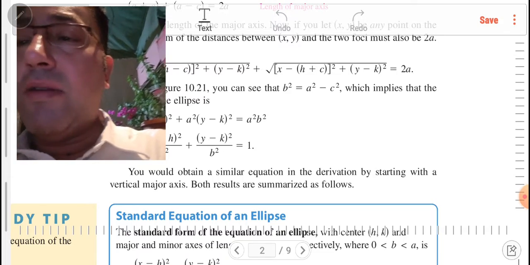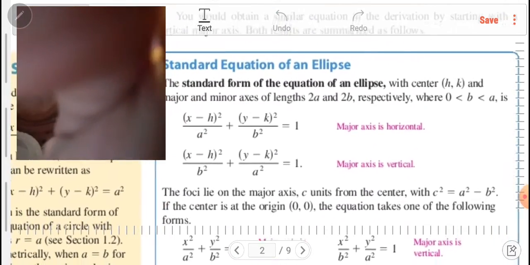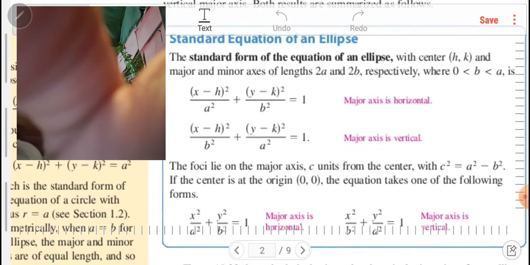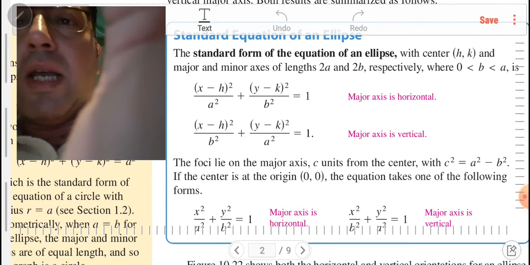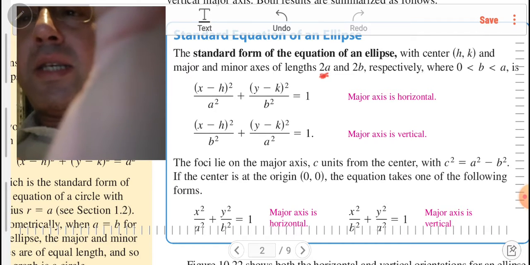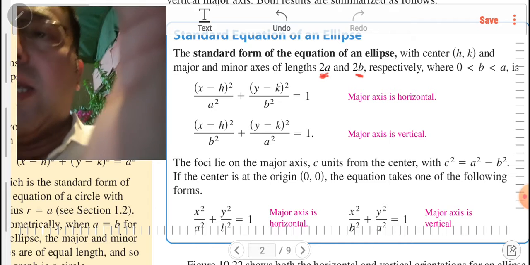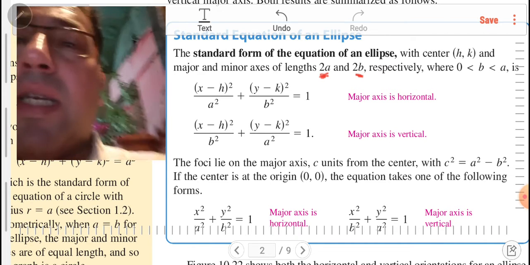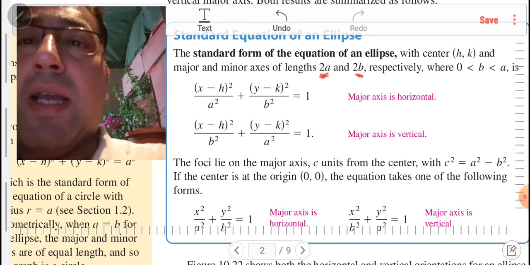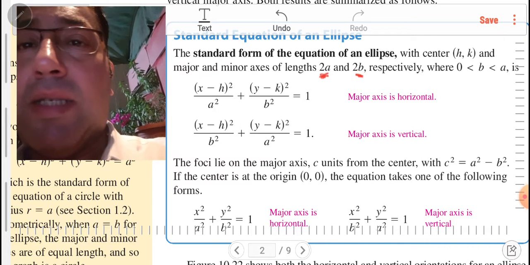Let's see here the standard equation for the ellipse. If the ellipse is horizontal, 2a is the distance between the two vertices and is called the length of the major axis. 2b is the distance between the two co-vertices and is called the length of the minor axis.